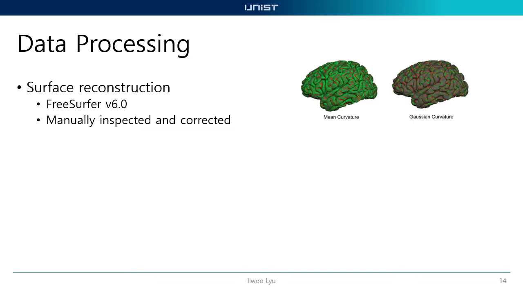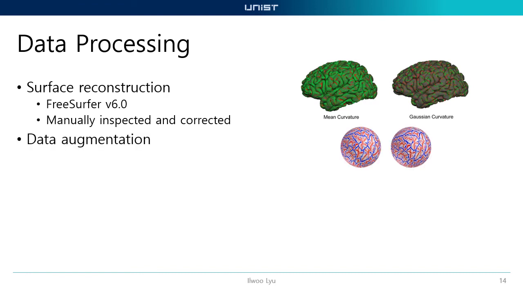We also extract all the cortical features we discussed in the previous slide, mean curvature and the other features, for the training. And we apply data augmentation, of course. We compute the intermediate deformation for all the possible pairs from the samples.